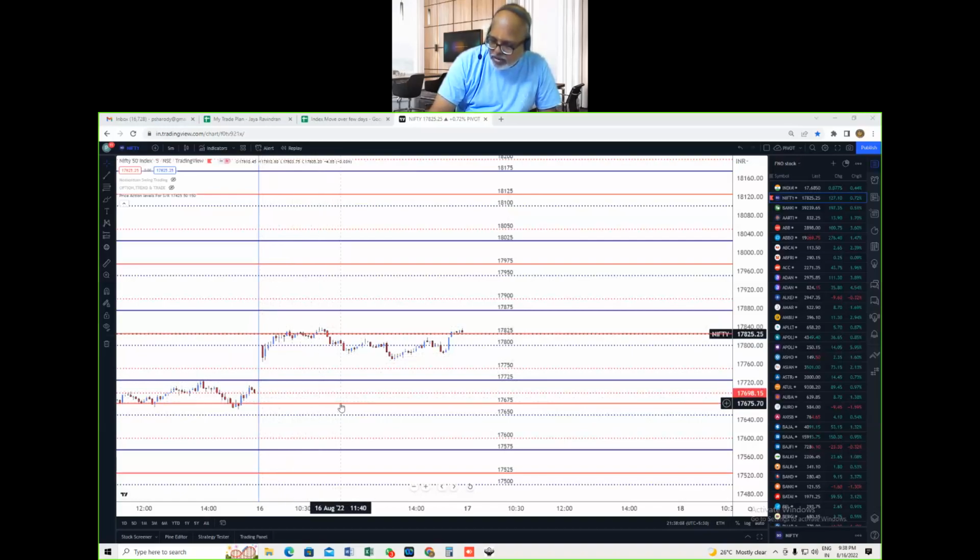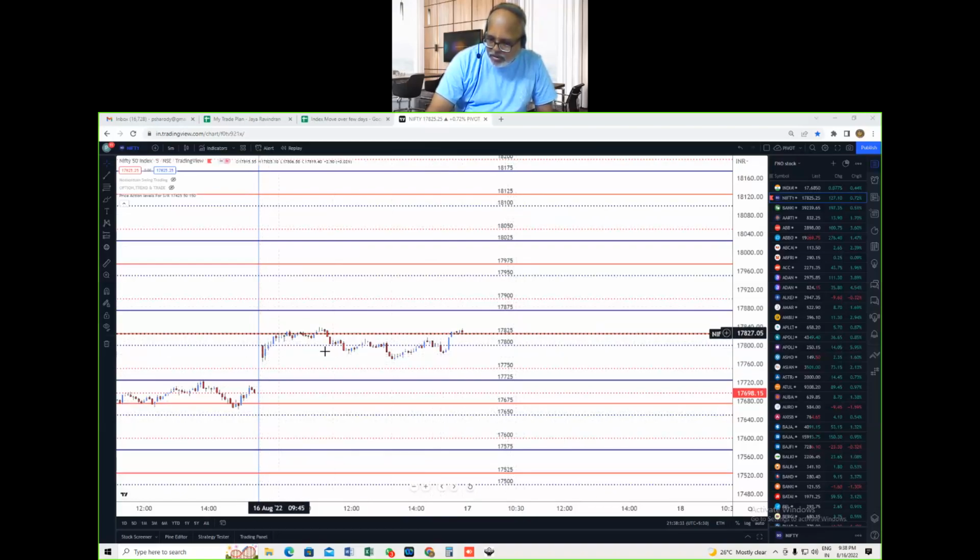So buying and selling depends upon the opening of that candle. We have to be very careful that whenever you see the opening, we take a decision based on the opening price. And since these levels are fixed, they do not change on a daily basis. This will help us to initiate a very good trade.